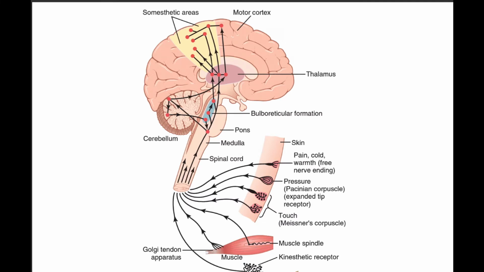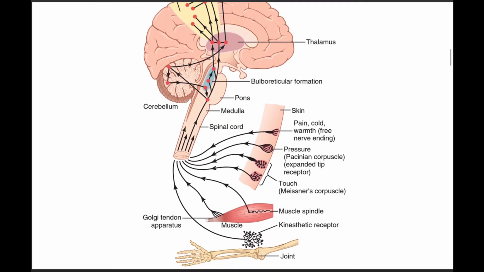So in our body we have receptors in the skin, muscles and joints. In the skin, the receptors in the free nerve endings have the ability to detect temperature and pain, that is cold temperature, warm temperature and pain.